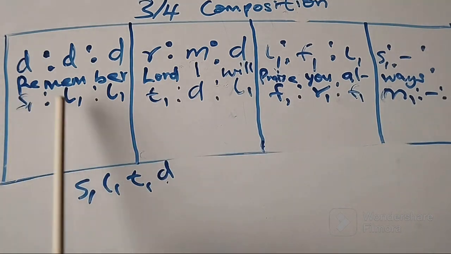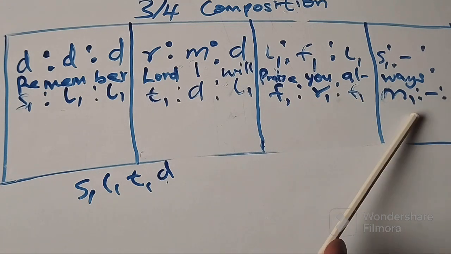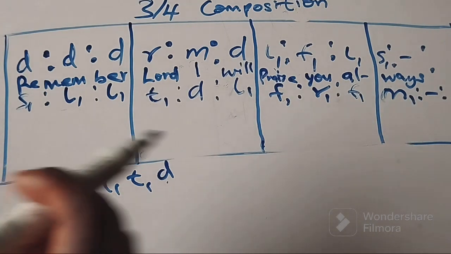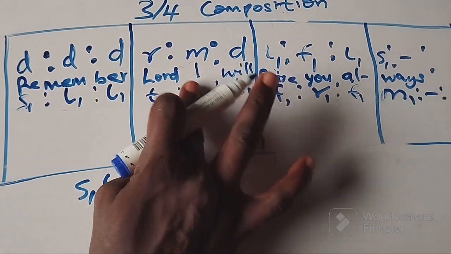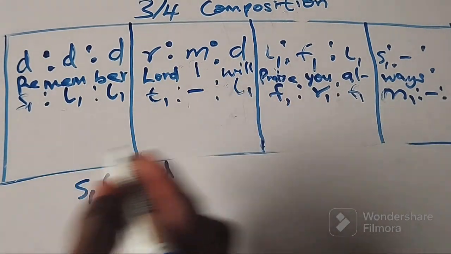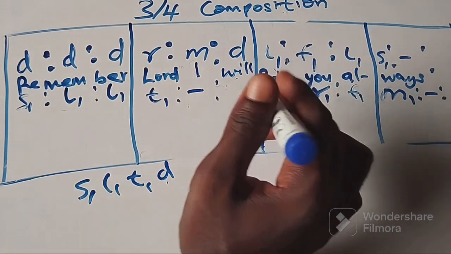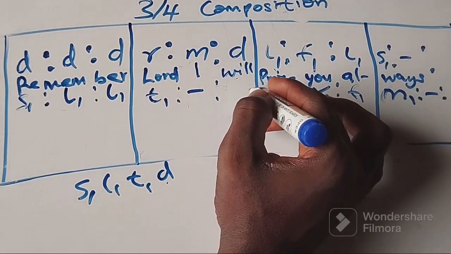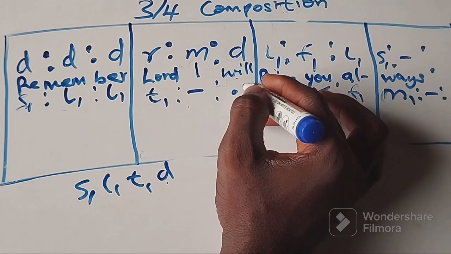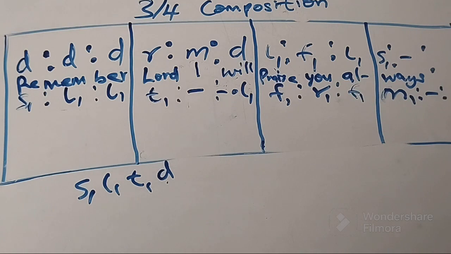So la ti do la fa re fa mi. I can decide to remove this and draw it. I can create a half beat here, depending, draw a half beat.